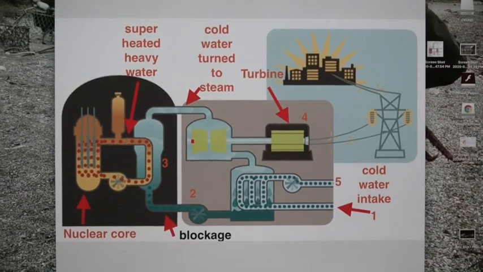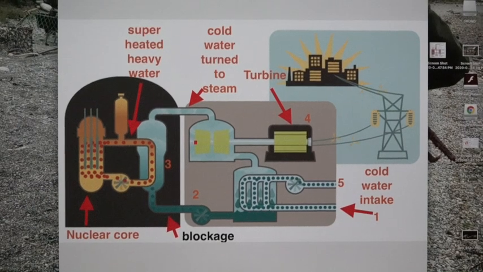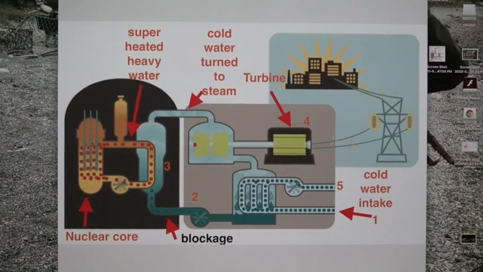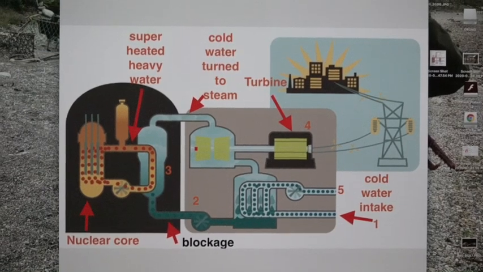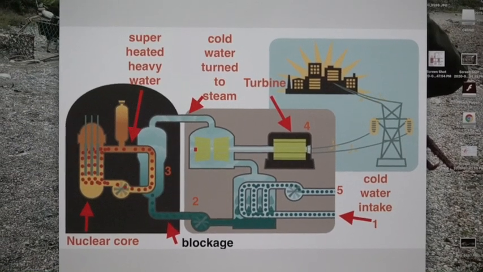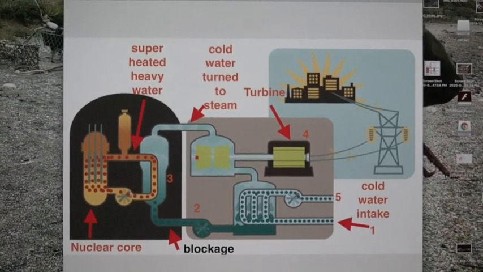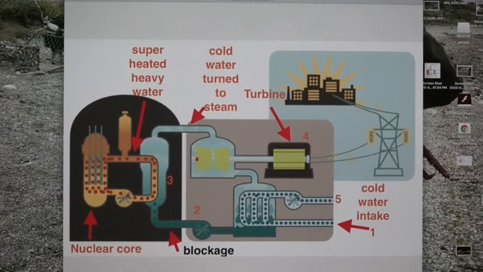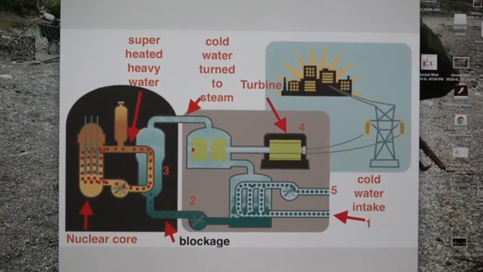So my drawing wasn't that great. Let's try the schematic. So number one, cold water intake. That's river or lake water coming in. Number two is where the cold water is going up to the tank, which is in number three. Number three is where the cold water gets converted to steam, and it goes to number four, the turbine.